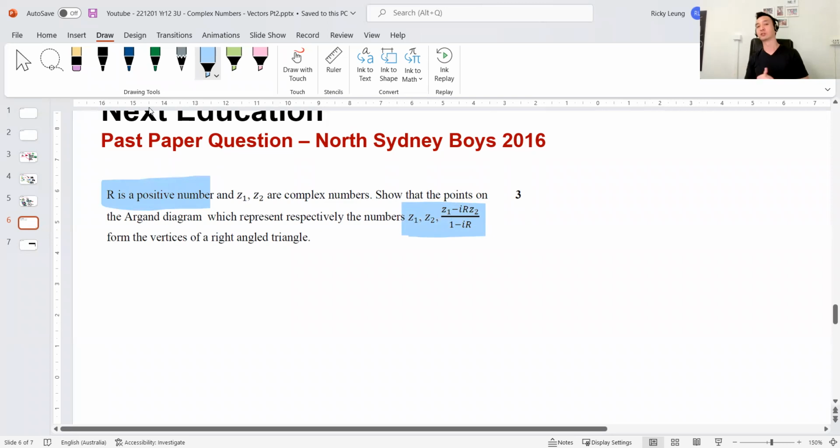Now, right angle triangle. If this was coordinate geometry, you'd prove that the gradients multiplied equal -1.